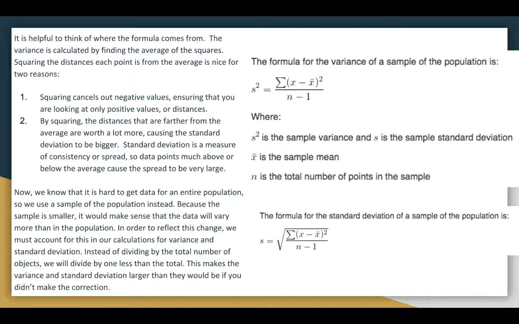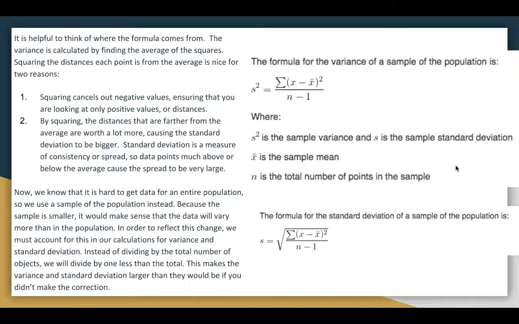Points that are further away from the average create a little bit less consistency. So we just have to make sure that if that consistency decreases, then those points are going to be worth more. So points really close to the average make it more consistent, so they're going to be worth less, and so drive the standard deviation down.